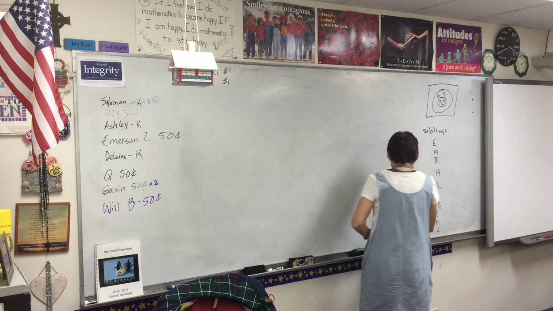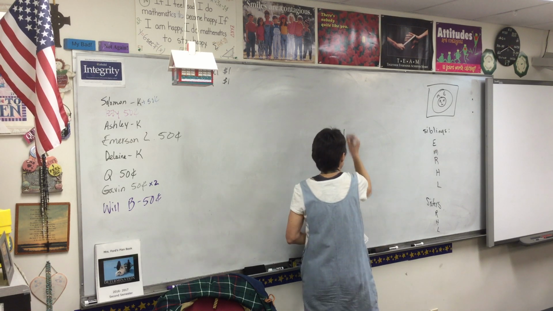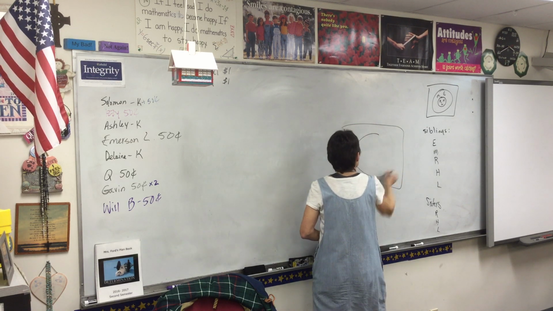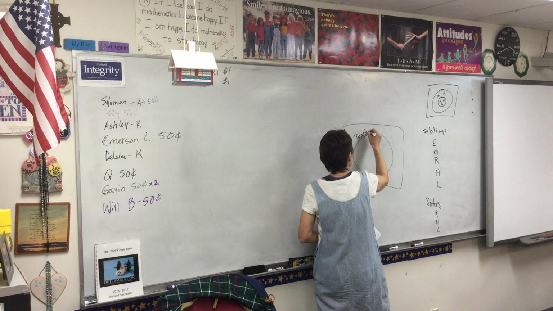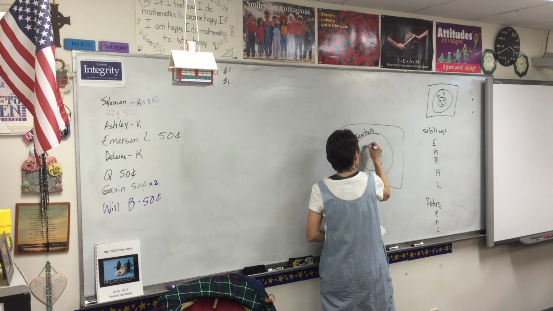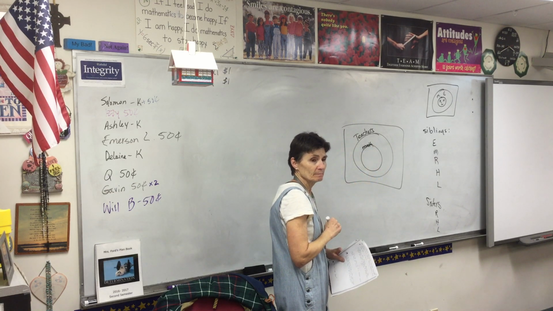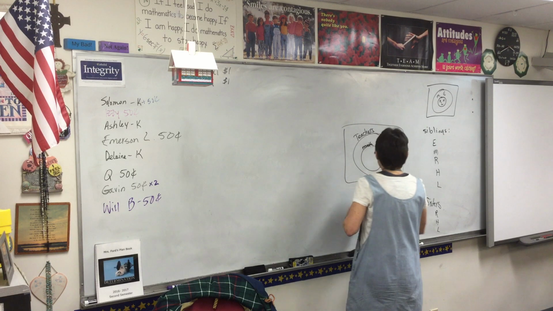That actually happens a lot. Think of if you had, like, this is the teachers in the school, all the teachers in the school, and this is the math teachers. Wouldn't they be entirely contained in there? Yeah, that happens a lot. Okay.